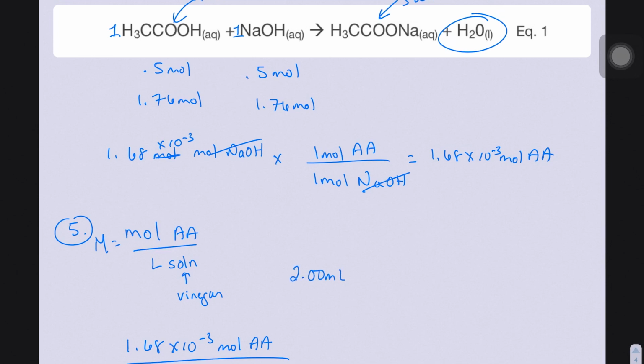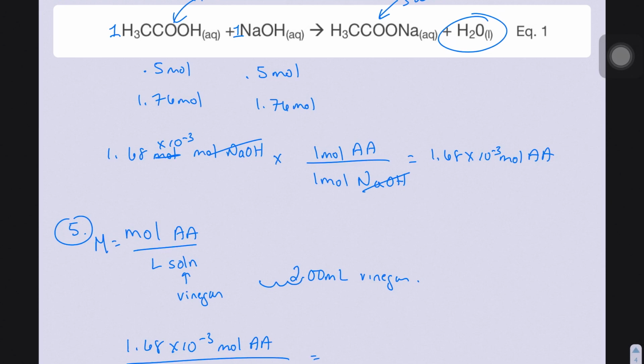In our data table, we recorded 2.00 milliliters of vinegar. The problem is, of course, molarity is measured in moles per liter, and this is a milliliter right now. So again, we would divide by 1,000, which means we move it over 3 places. So we get 0.00200 liter vinegar.